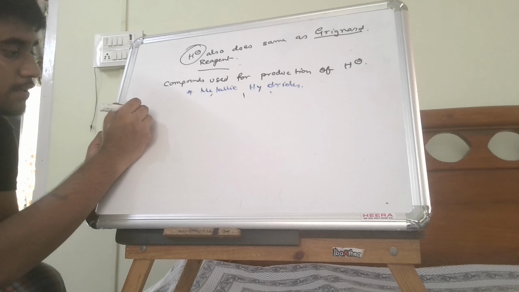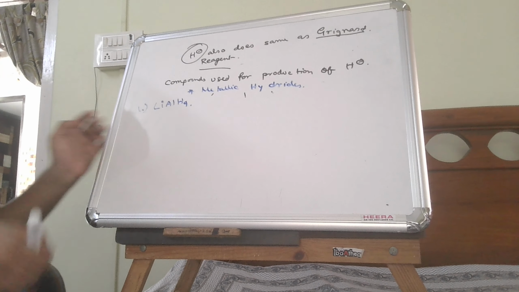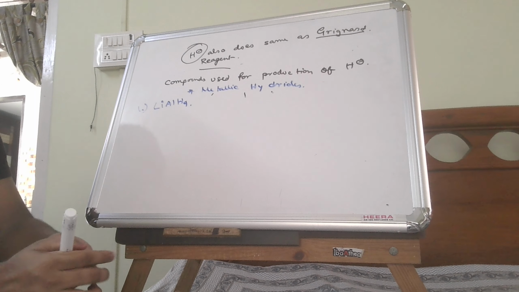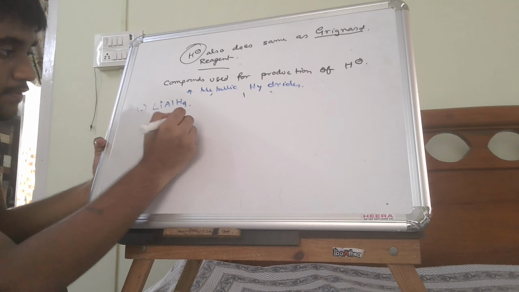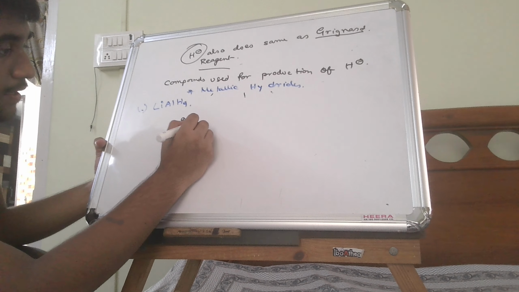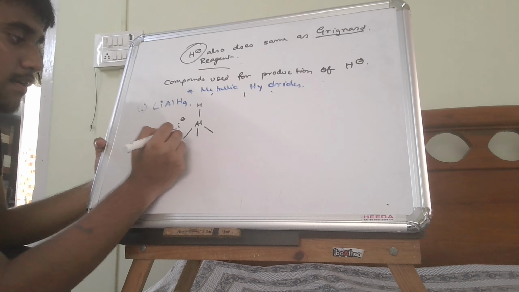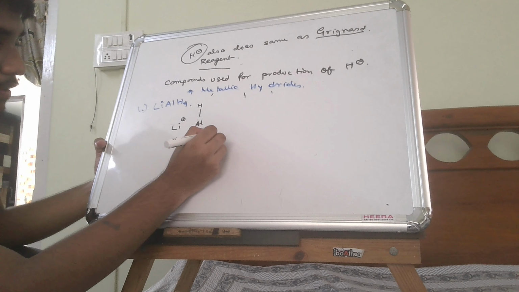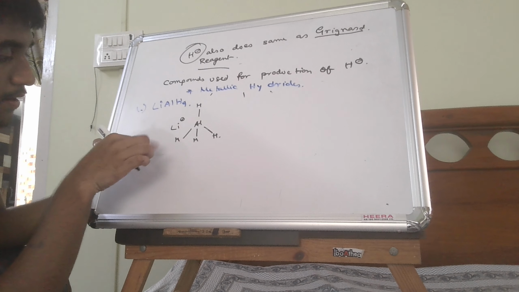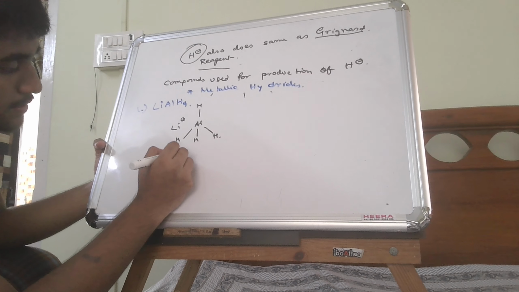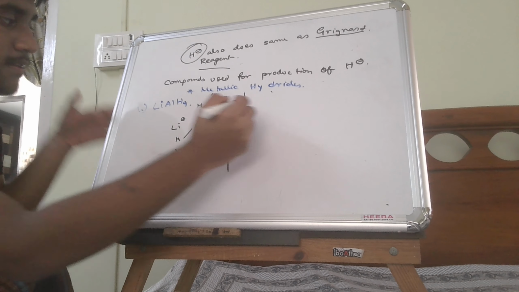Now first LiAlH4. How is LiAlH4 formed? LiAlH4 is Li plus AlH4 minus, and here there is excess of H minus.